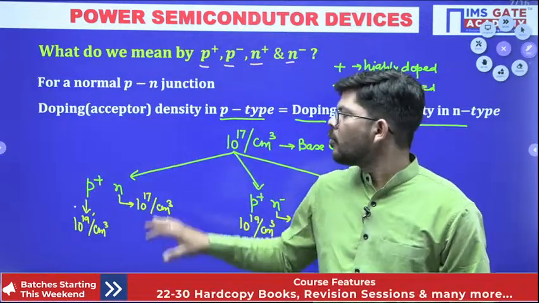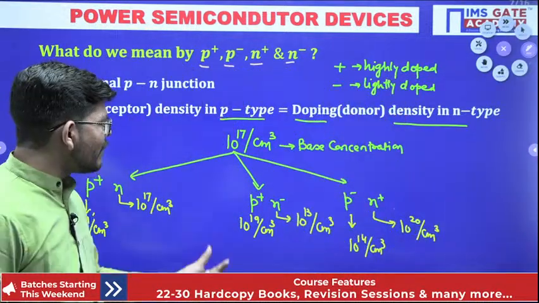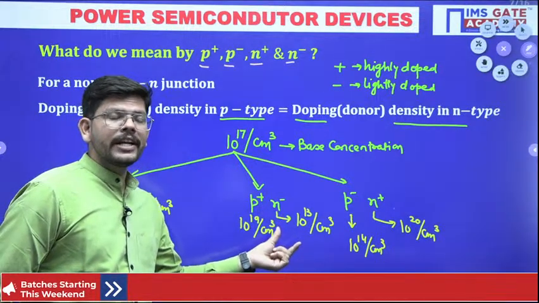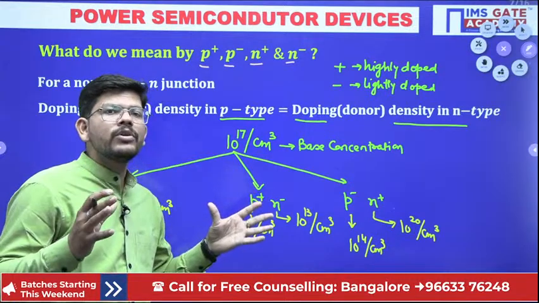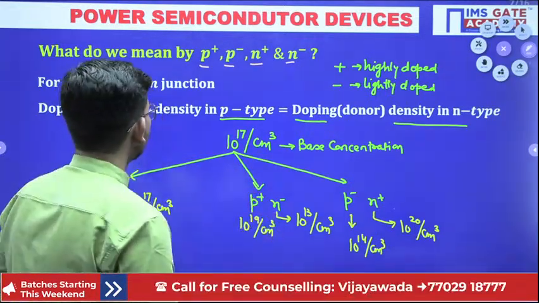Now, why are we changing this concentration? See, if we have a lightly doped region on any side, it requires a large voltage to break down. You should note down this point.